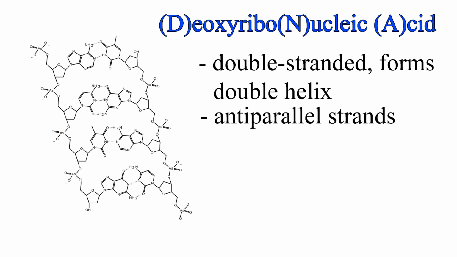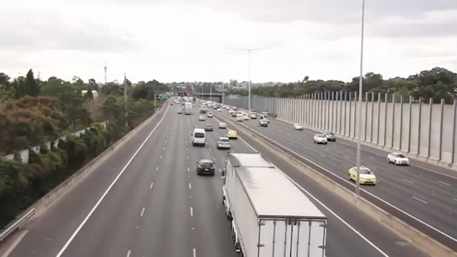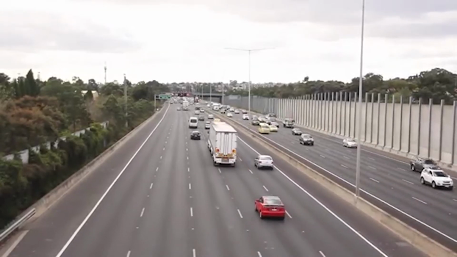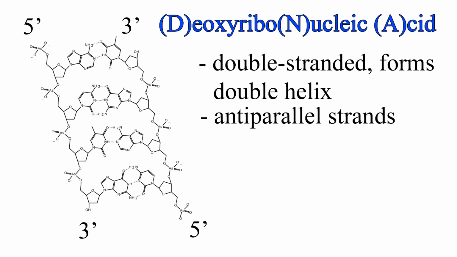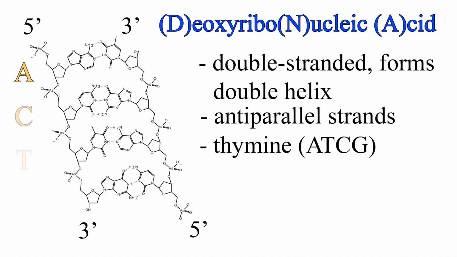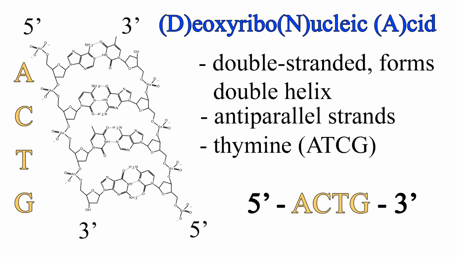One runs in the 5' to 3' direction, while the other runs in the 3' to 5' direction. Think of it like a divided highway. The 2 lanes are parallel but run in opposite directions. Often, this is referred to as anti-parallel. DNA contains the bases adenine, thymine, cytosine, and guanine, or ATCG.